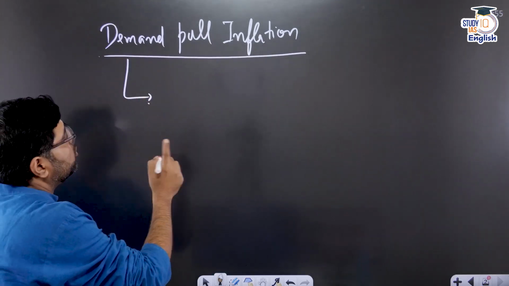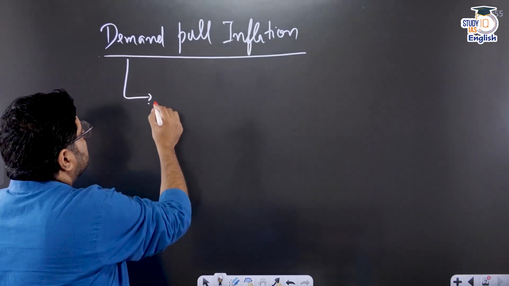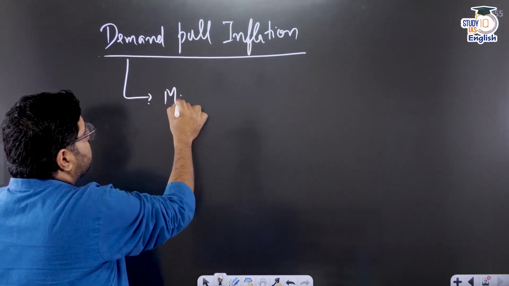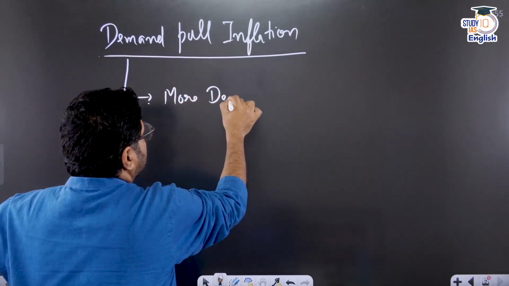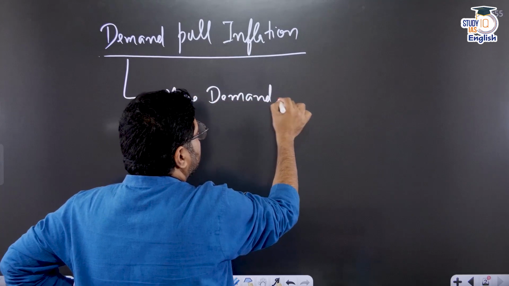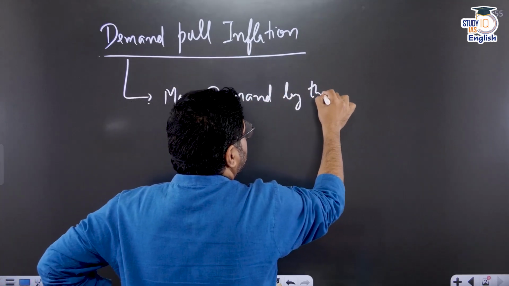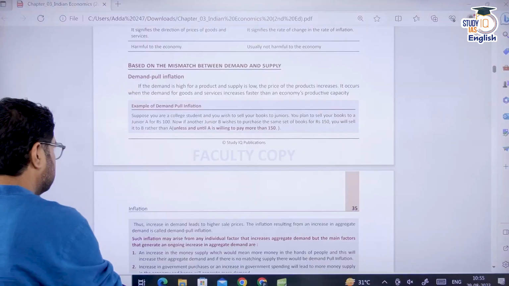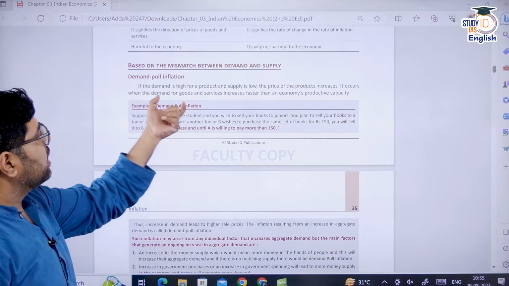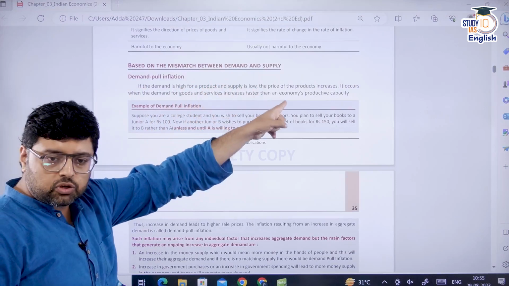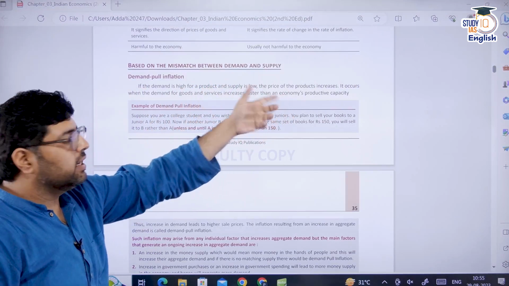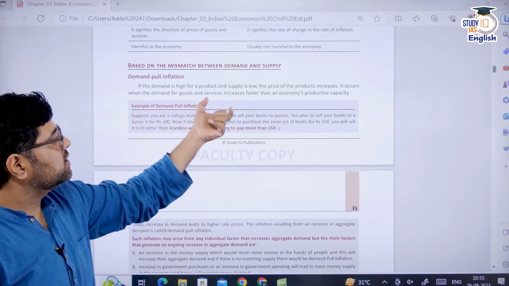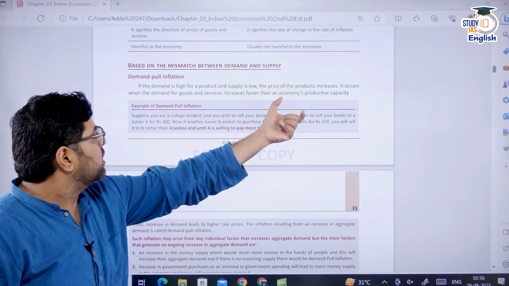In demand pull inflation, there is more demand by the people in an economy. If the demand is high for a product and supply is low, the price of the product increases. It occurs when the demand for goods and services increases faster than the economy's productive capacity.